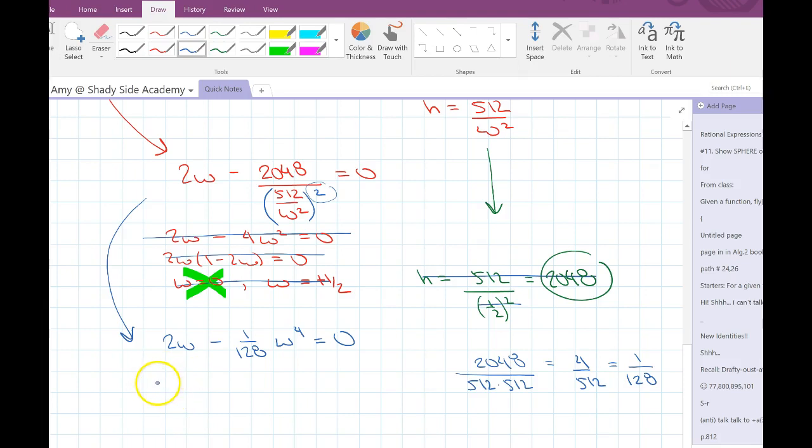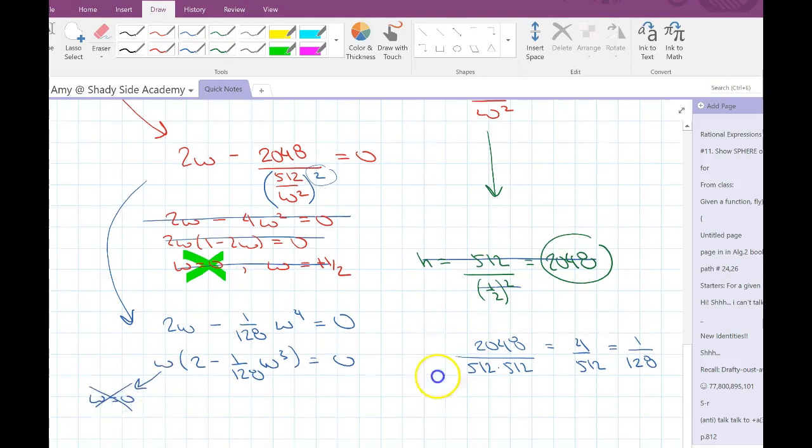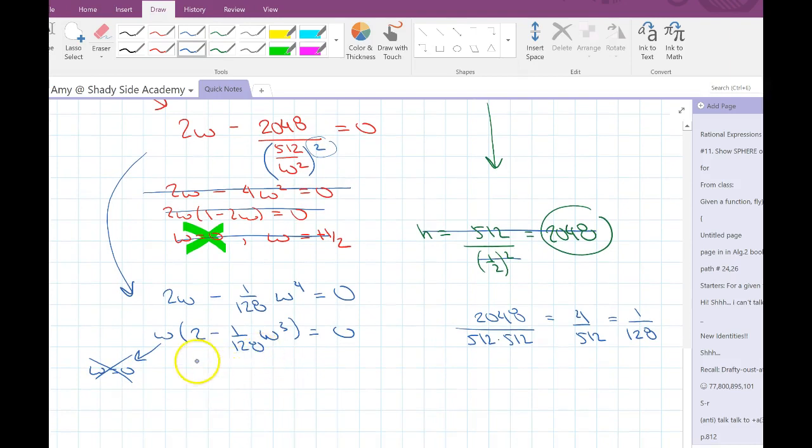Okay, so W(2 minus 1/128th W cubed) equals 0. You know that W equals 0 is a solution we're going to disregard. And then here we're going to get 2 minus 1/128th W cubed equals 0, right?